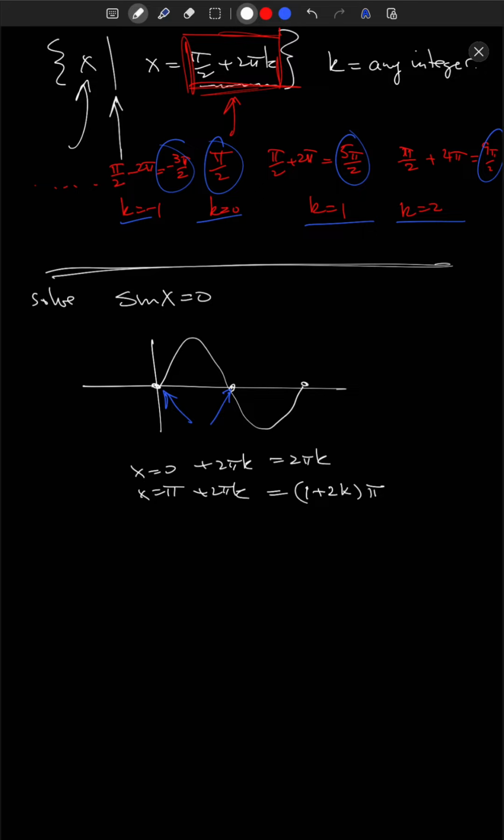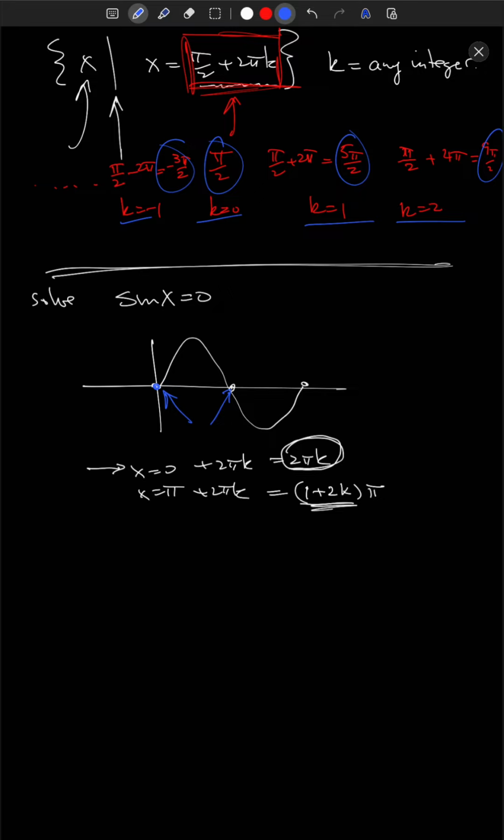So if you think about this a little bit, the first ones are all going to be the even ones, and these guys are going to be odd, because 1 plus 2 times something is always odd. So the first set of solutions are all the even multiples of pi.